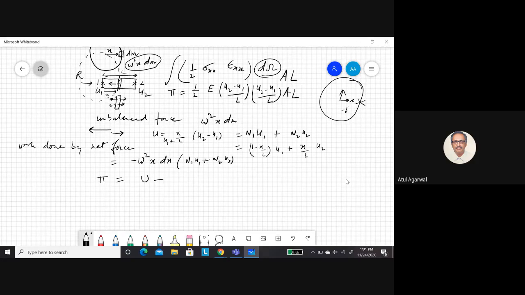U minus W. So now you have U plus omega square x N1 u1 plus N2 u2 dx, and you have to integrate this over the entire length.